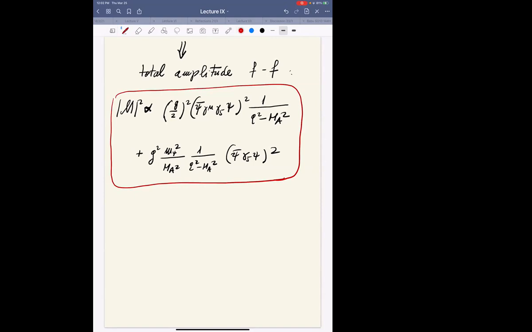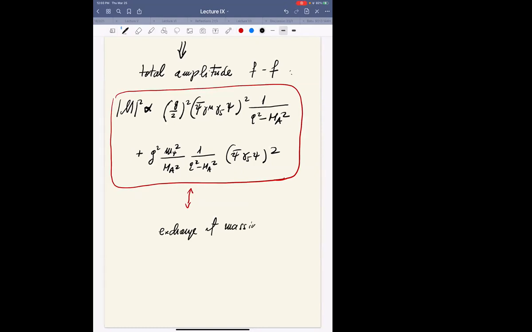I could have worked in the unitary gauge. If you work in the unitary gauge, there will be two pieces, one from g mu nu in the unitary gauge, the first piece, and the other will come from k mu of the A propagator. This is just an exchange, of course, of a massive Proca field.